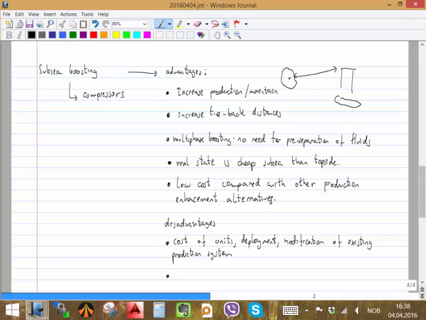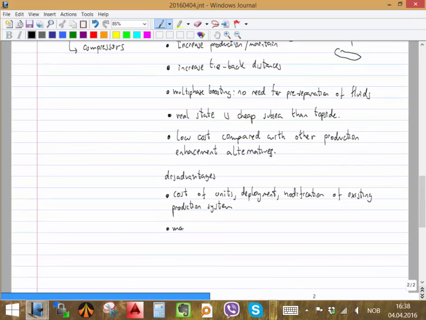Then we come to another problem, which is maintenance. Remember, everything that moves, or has movement inside, is probably going to fail in the future. So maintenance is an issue we have to take into account, and it is related to accessibility, cost, and reliability.